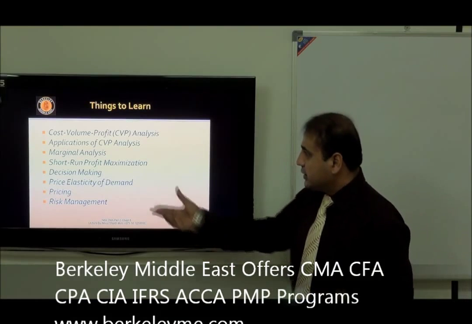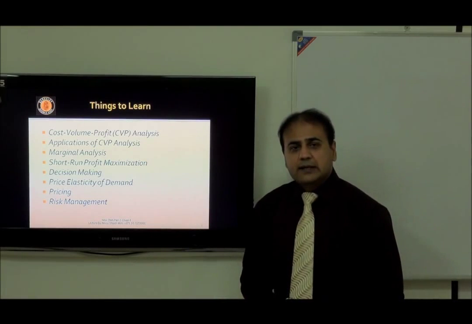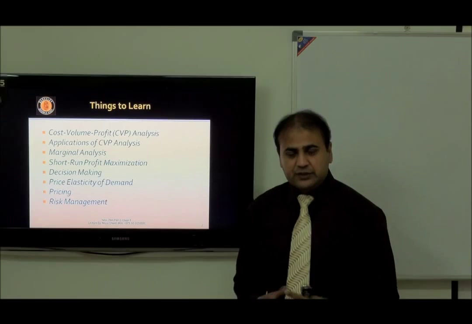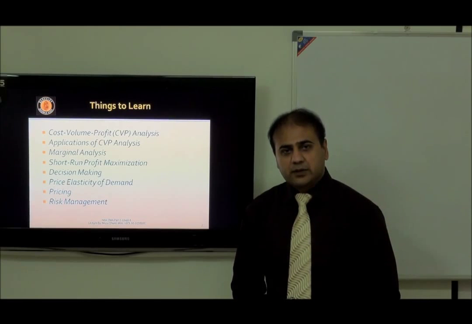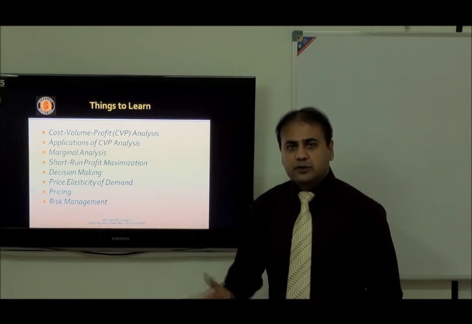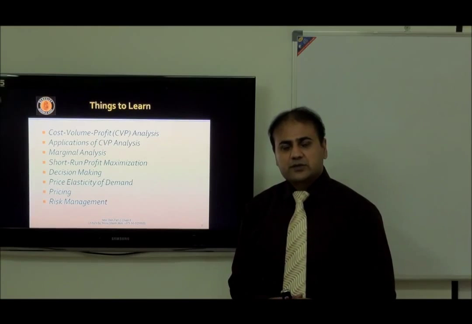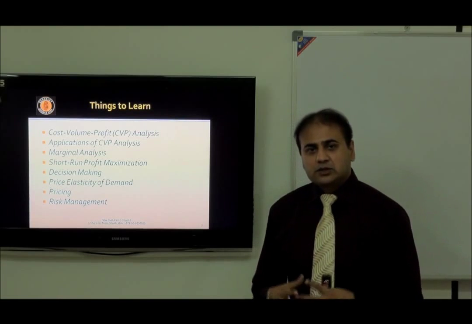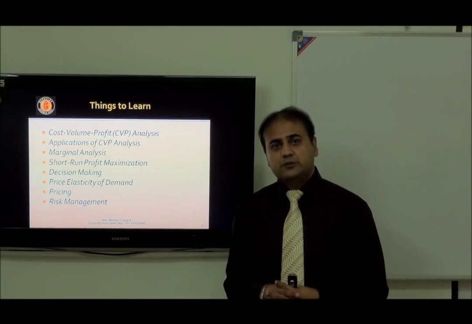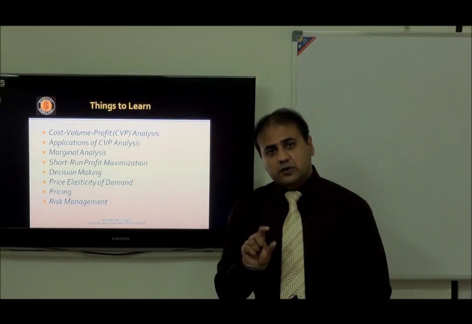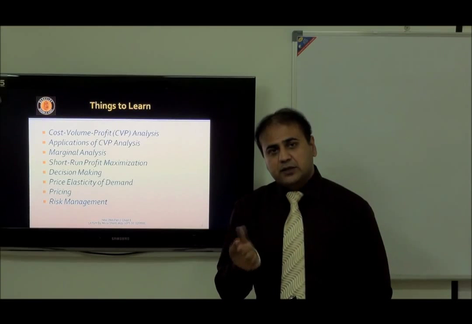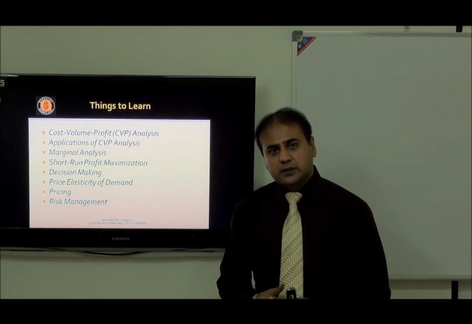So we will learn how to analyze our cost situation by using the variable cost, and in that we will use the break-even concept, which is equal to fixed cost divided by UCM, that is unit contribution margin, which is equal to sales per unit minus variable cost per unit.